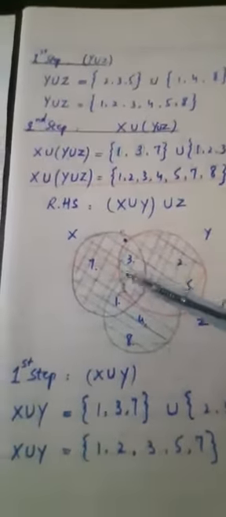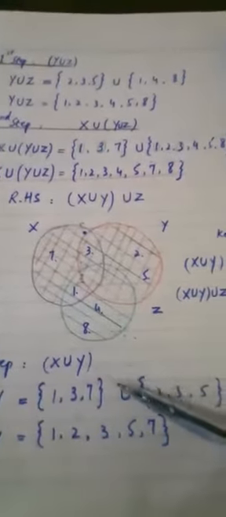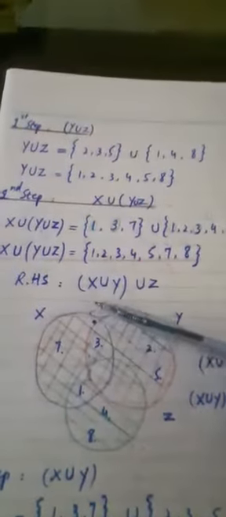Similarly, when we solve the right hand side, we will also solve the tabular form, and do the coloring of the Venn diagram side by side. For X union Y, we have X and Y, these two circles.